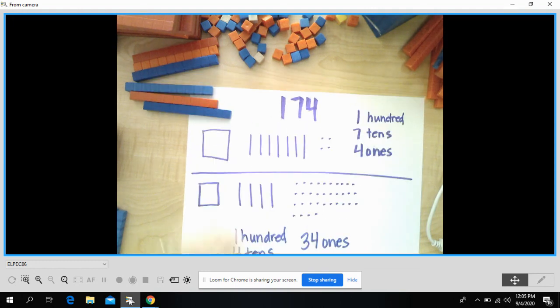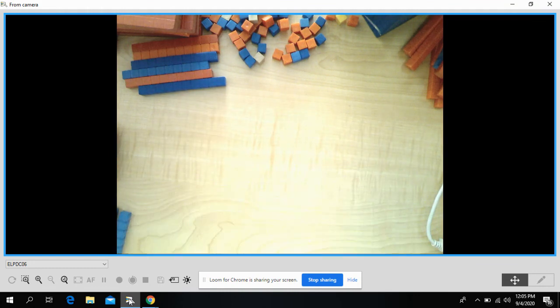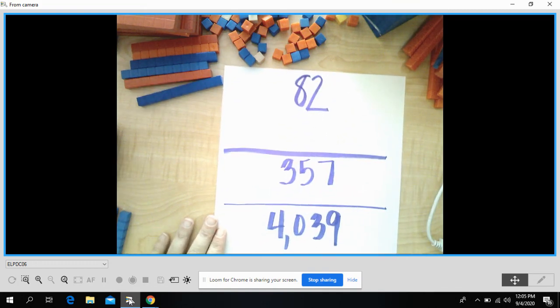So as I sign off with this lesson for today, I'm going to give you 3 numbers. I want to see if you can find a way using a pictorial model. Remember that you hear the word picture.